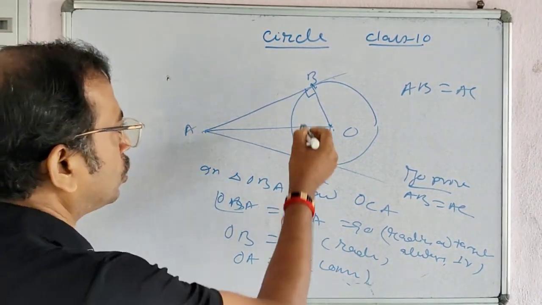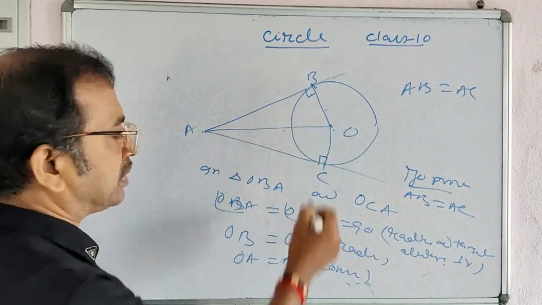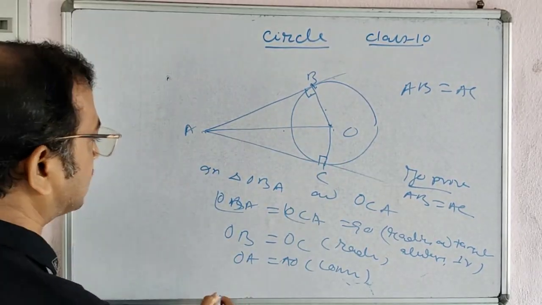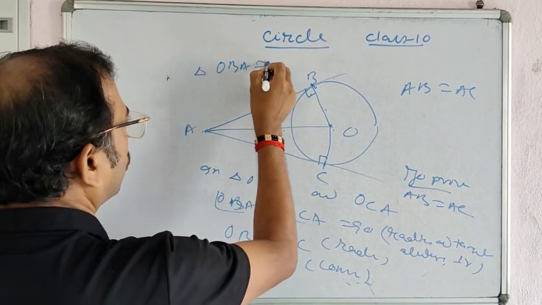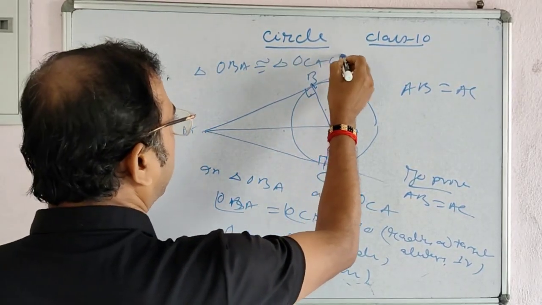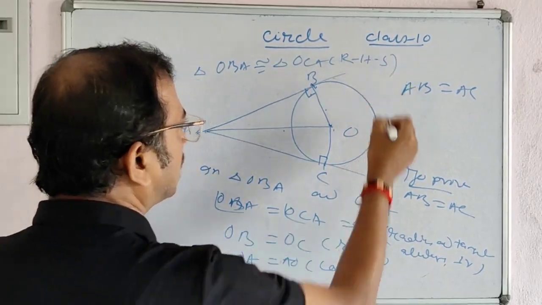So now right angle, hypotenuse and one side, by RHS these two triangles are congruent. So triangle OBA is congruent to triangle OCA by right angle hypotenuse and one side.